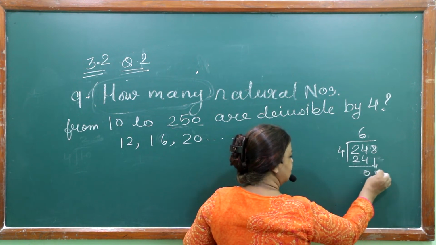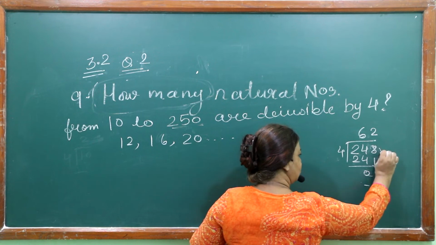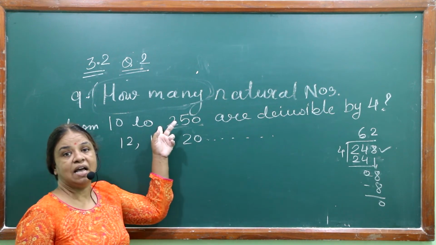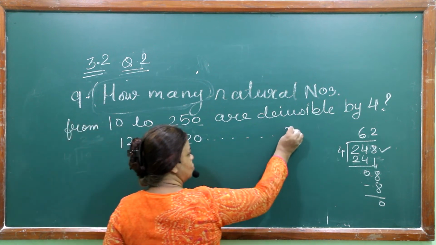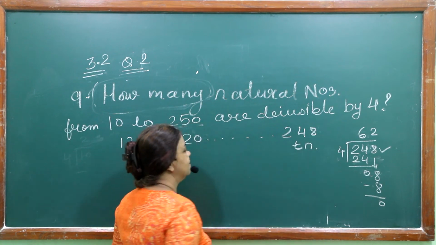Bring 8 down. 4 2s are 8. 0. So 248, before 250, is divisible by 4. So the last term is 248. This can be known as the Tn term.